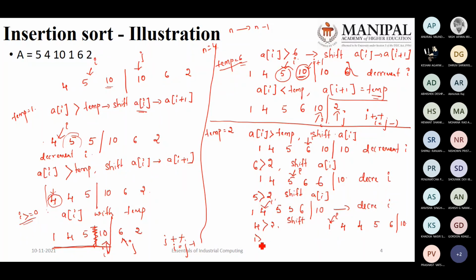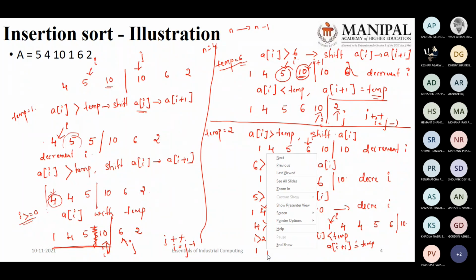1 greater than 2 is false. Instead, 1 is less than 2. When you have a condition of A of I less than temp, what do you do? You write A of I plus 1 is equal to temp. And when you do this, your array will be 1, which is A of I. A of I plus 1 should be temp.